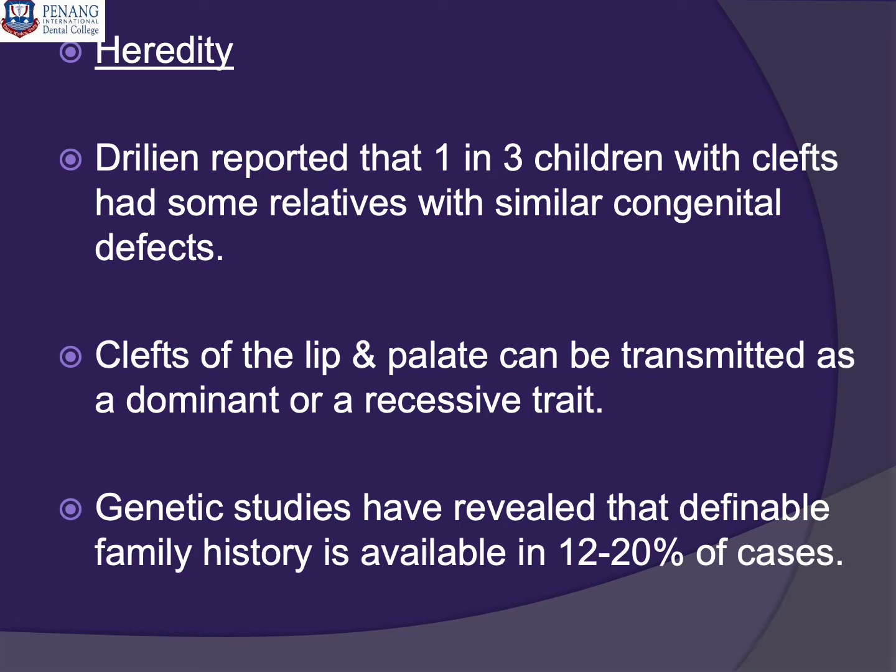Drillien reported that 1 in 3 children with cleft had some relative with a similar congenital defect. Of course, this is genetic. Cleft of the lip and palate can be transmitted as a dominant or recessive trait. Genetic studies have revealed that a definable family history is available in 12 to 20% of cases.